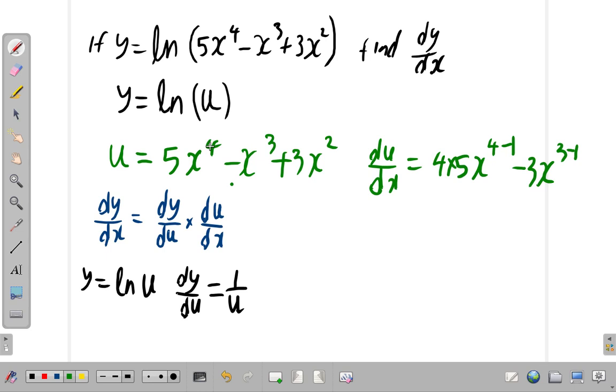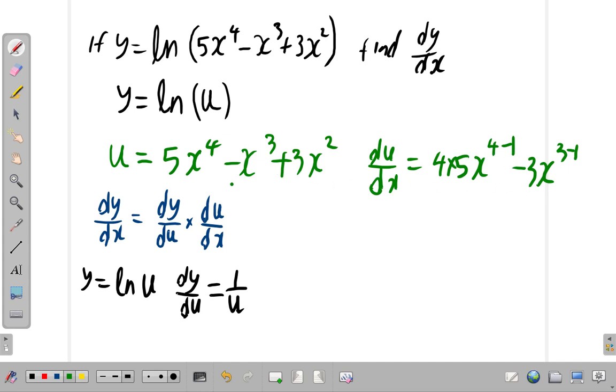Alright, you don't reduce the power over here, you do the working out over here. Leave this as it is. I'm just showing that you bring the old power down, multiply it, and then you reduce the old power by 1 to get the new power, but all of that working out is being done over here.